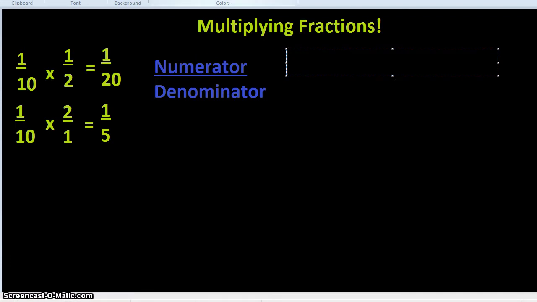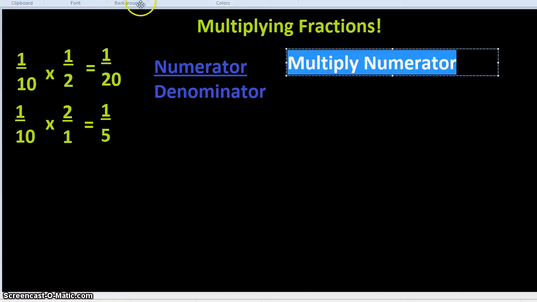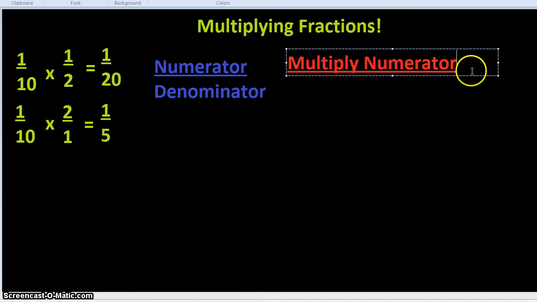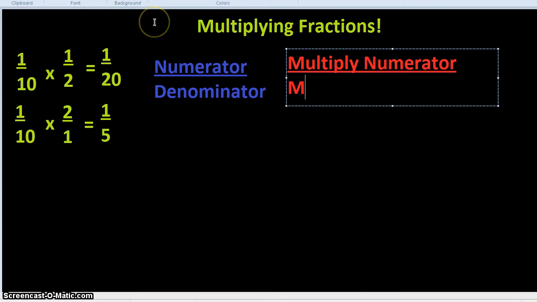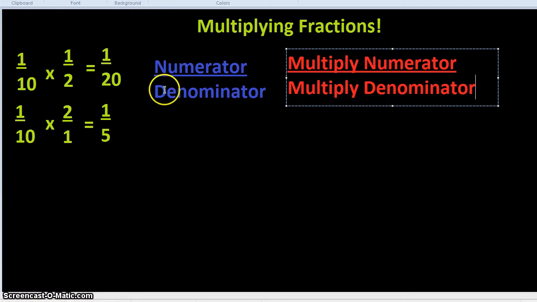If we, in red, multiply numerator and multiply denominator, we always seem to get the right answer.